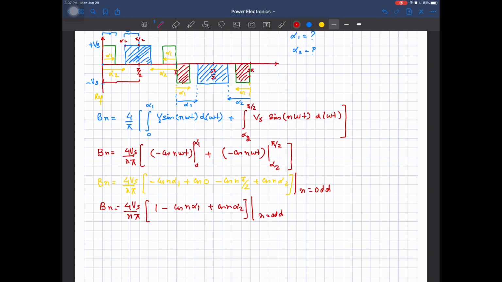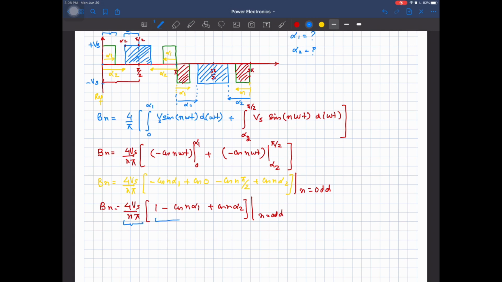Okay, now to cancel out the harmonics, this Bn should be equal to 0. If I say that n is equal to 3, I want to cancel out the third harmonic, then for n is equal to 3, this Bn should be equal to 0. For that, this part cannot be 0 because Vs will definitely have a certain value.